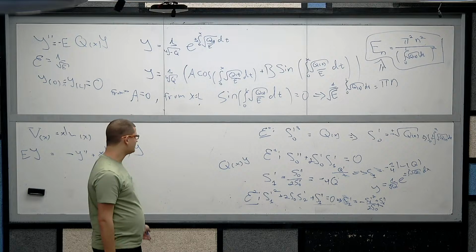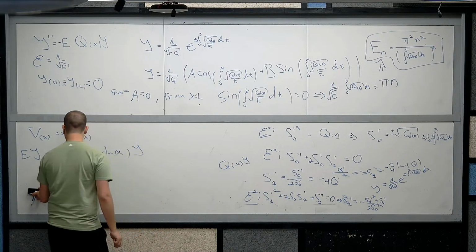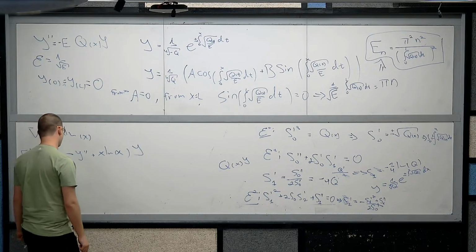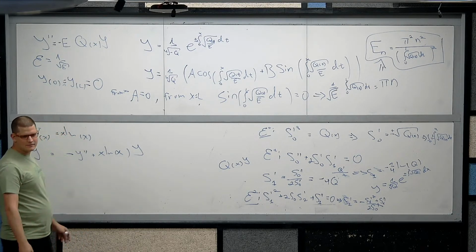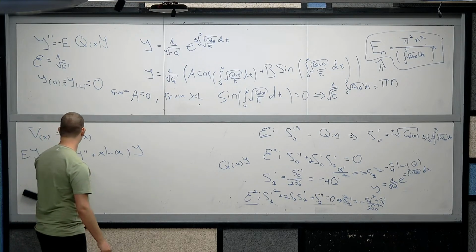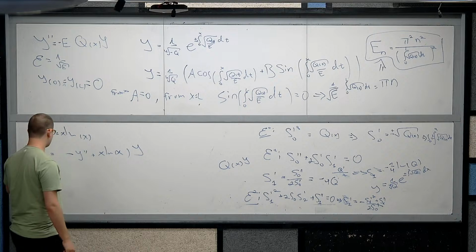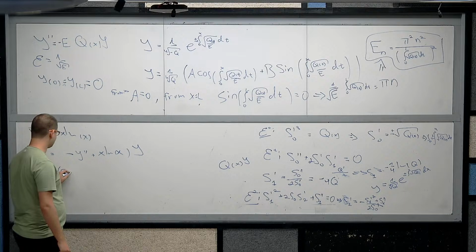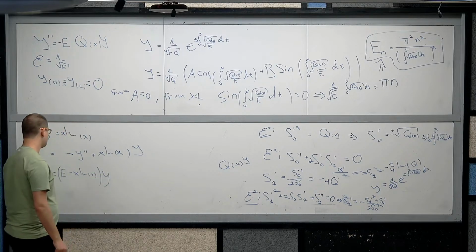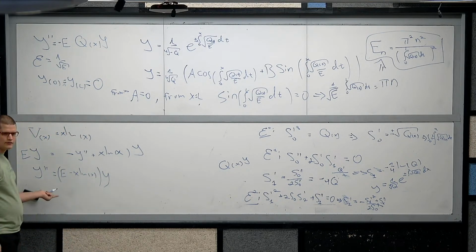M is 1. Of 2m. M is 1 also. Yeah, everything is 1. For me, m is half, so it will cancel out. Exactly. Okay, so now just writing it with that form, x ln of x, y. I will assume there is epsilon here, right?